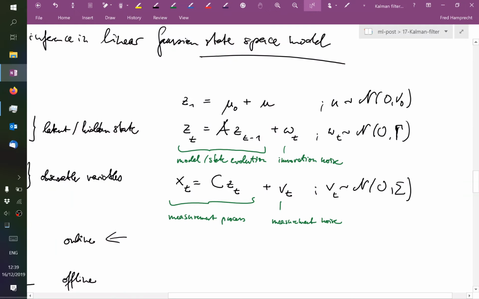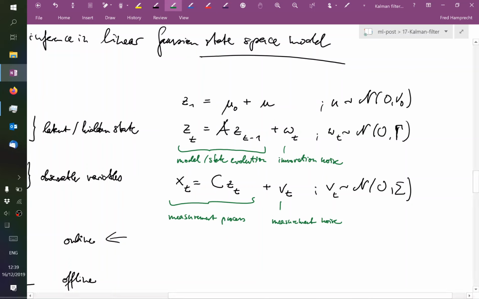Because we had this innovation noise. And I have some innovation noise on the location, but also on the velocity. So that means without making any observations, as long as I introduce this innovation noise, I get more and more uncertainty added to my hidden state.